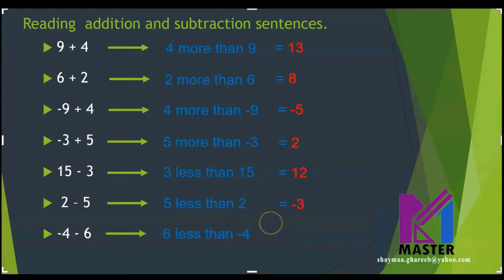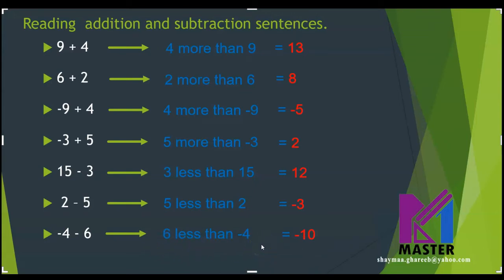What is before negative 4? We have negative 5, negative 6, negative 7, negative 8, negative 9, and negative 10. So the answer will be negative 10. Negative 10 is less than negative 4 by 6. So negative 10 is 6 less than negative 4.